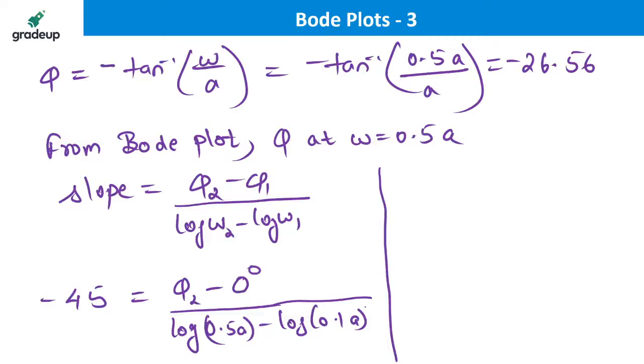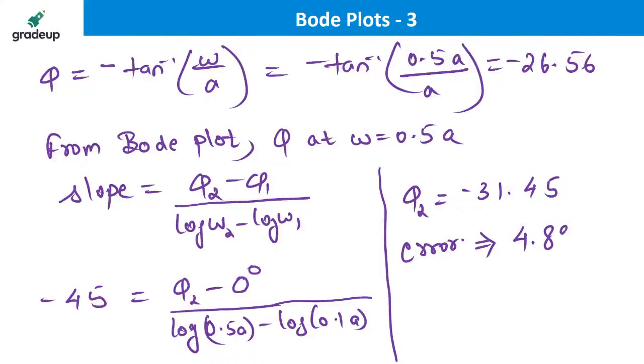All right. So what is phi 2? Let us solve this. 0.5a by 0.1a is 5, so 45 log 5. So phi 2 comes up as minus 31.45. When you take the error, the difference between the two values is coming up as 4.89 degree.